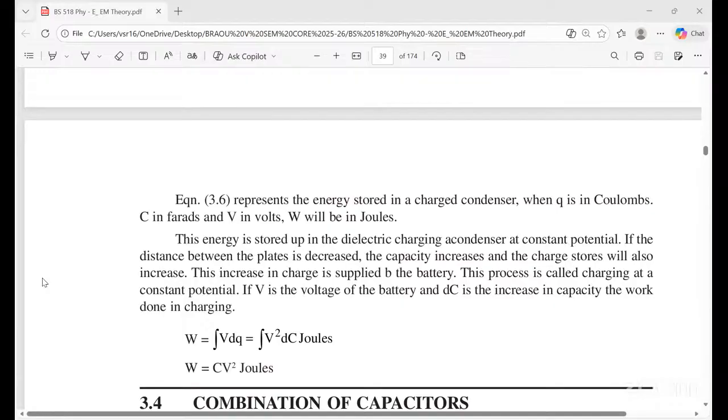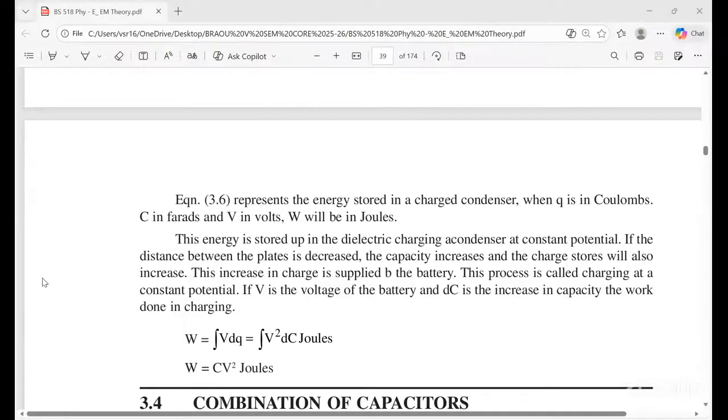When the capacitance of the capacitor increases, the plates of the capacitor are going to be offering more charge, so the capacitance is going to be increased.